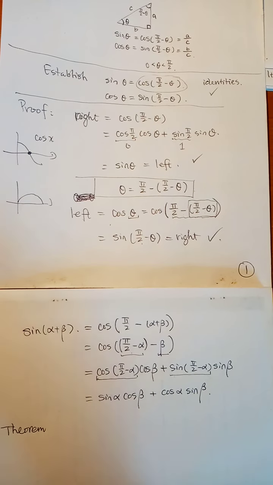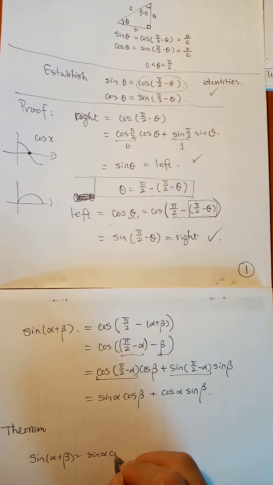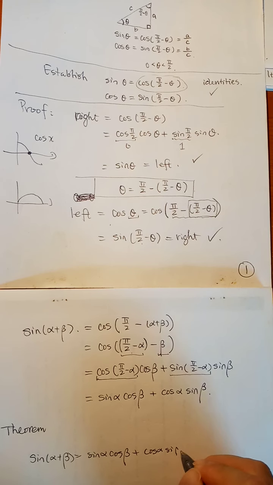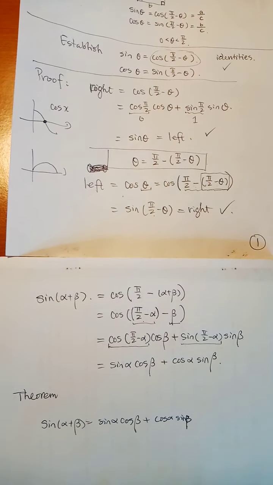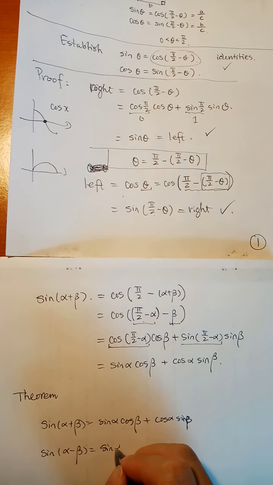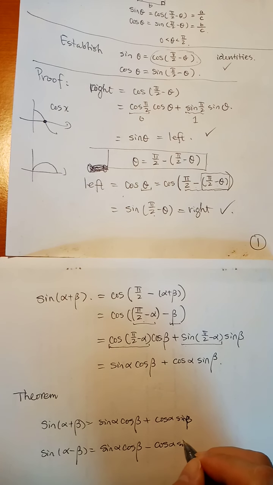So let me write down the theorem. Sine of alpha plus beta is sine alpha cosine beta plus cosine alpha sine beta. And the difference is sine alpha cosine beta minus cosine alpha sine beta.